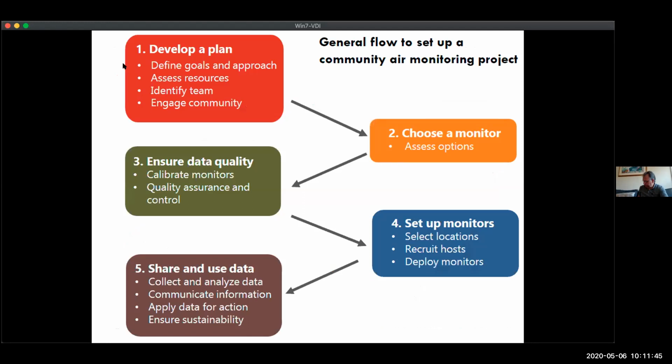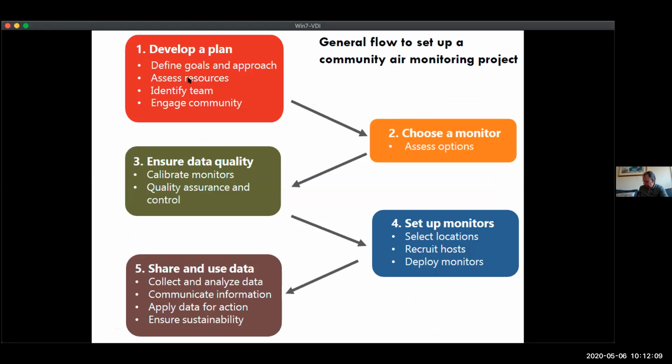There are a number of steps involved in setting up a community air monitoring project. One is to develop a plan, where you set goals for what you want to achieve with collecting the air quality data, identify partners and your team, and how you plan to engage the impacted community.